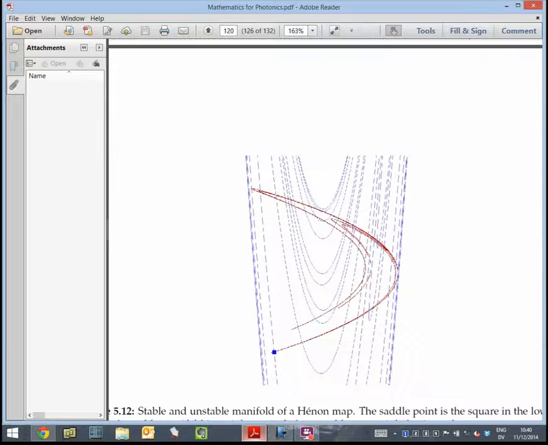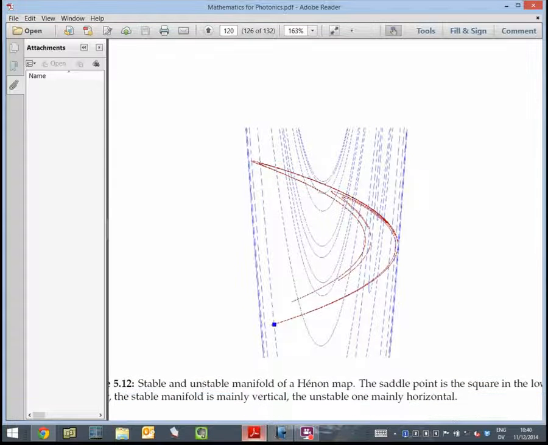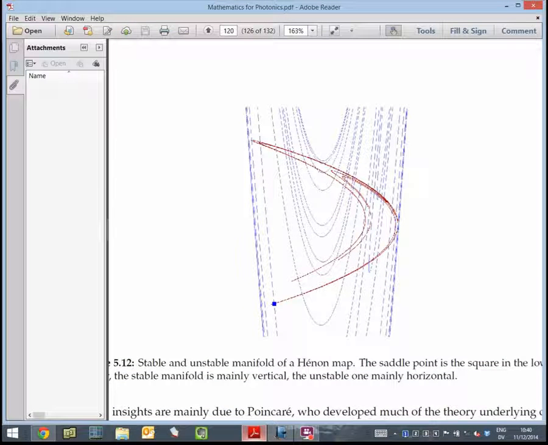For example, for the case of the Hénon map, you have stuff like this. You have a saddle point over here, right? And you see some sort of lines which would look familiar, like, hey, we've seen similar looking shapes before. And indeed, we have seen shapes before, like, for example, this blue shape here.